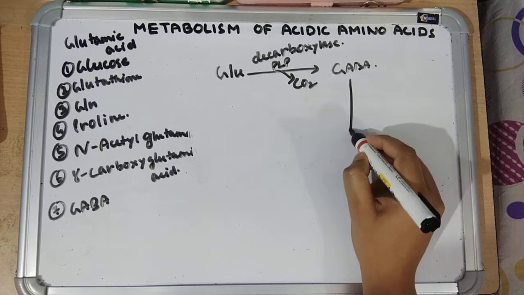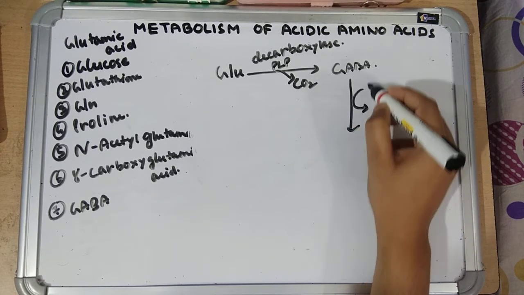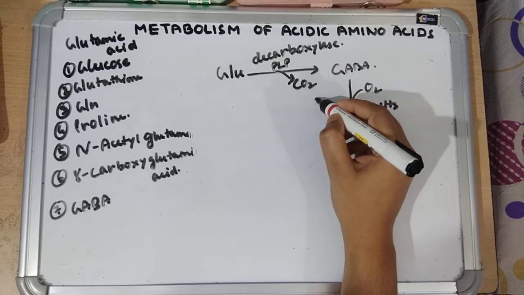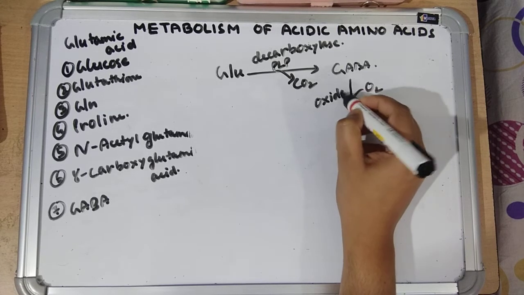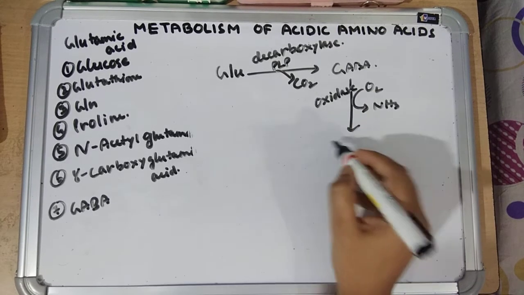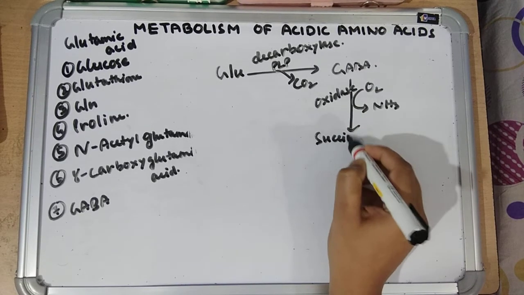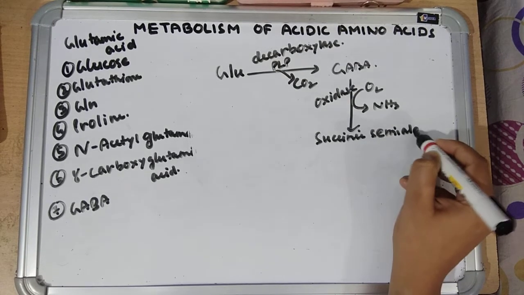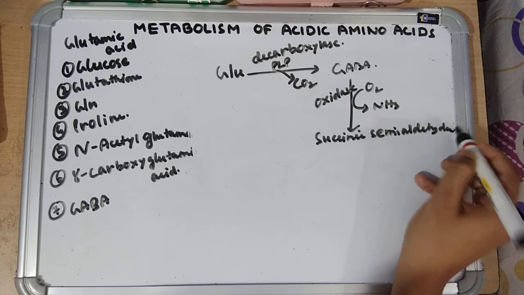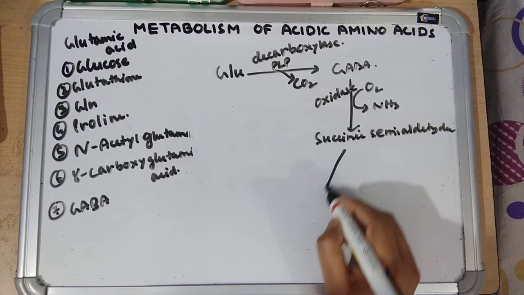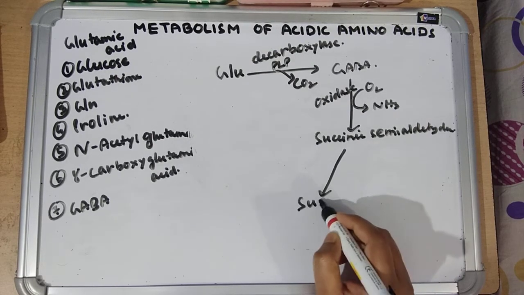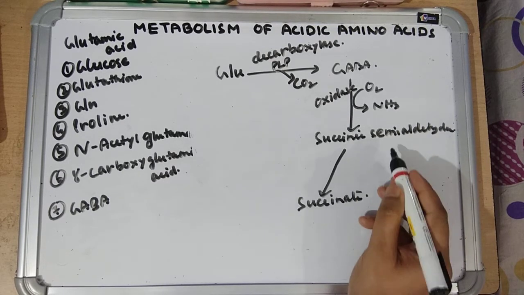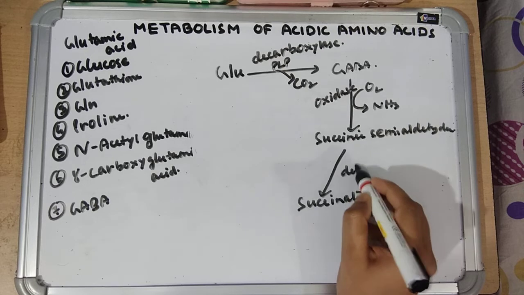Now GABA undergoes further metabolism by GABA oxidase enzyme to form succinic semialdehyde. This succinic semialdehyde forms succinate by the enzyme succinic semialdehyde dehydrogenase.